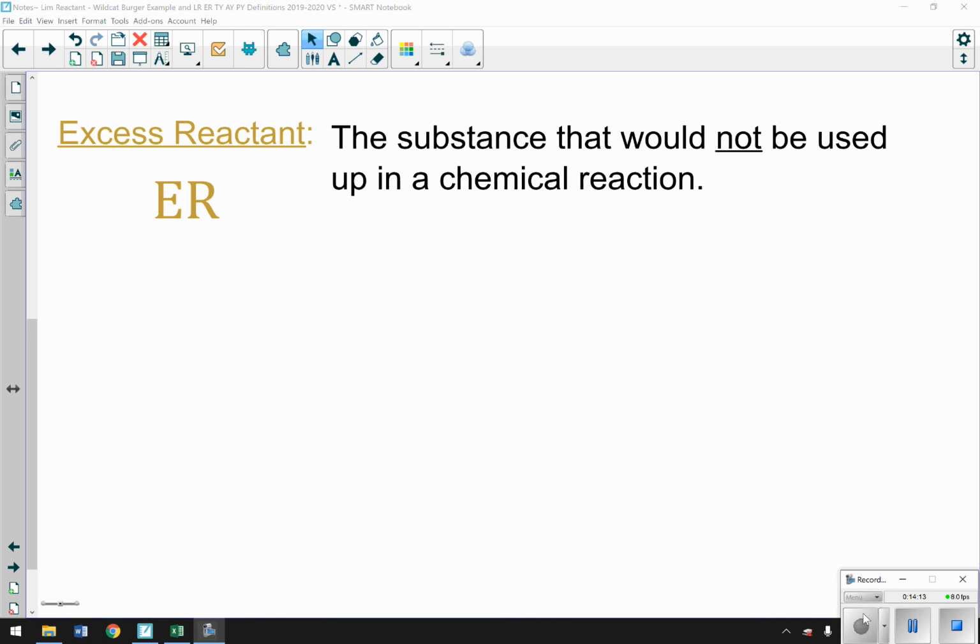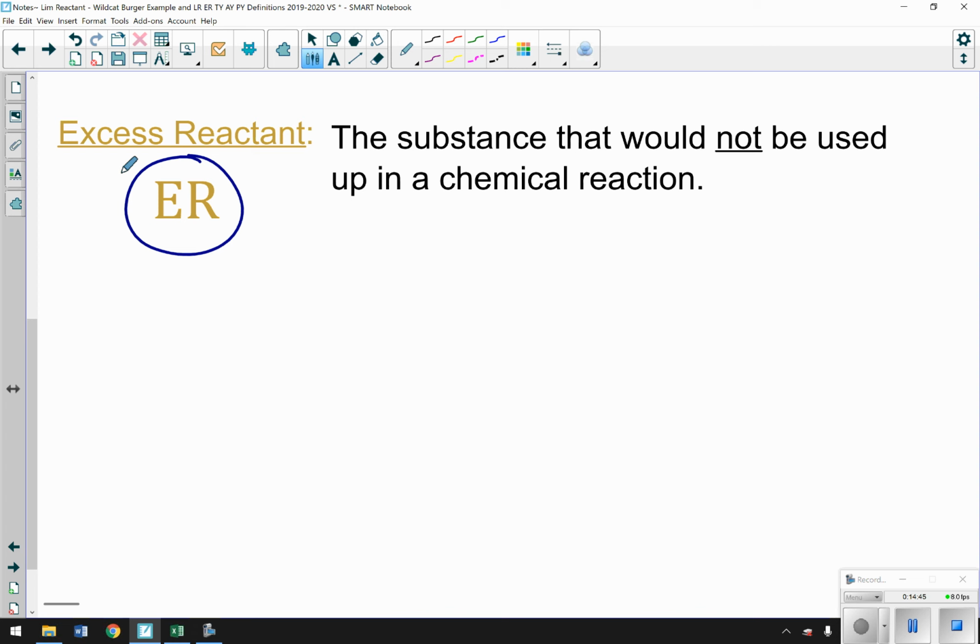All right, then we have the excess reactant. The excess reactant is the reactant that is left over once the limiting reactant is used up. And so we're going to abbreviate that ER. We saw again in the recipe example that all the other items had a leftover, and those were called the excess amounts, or we call those items the excess reactants.